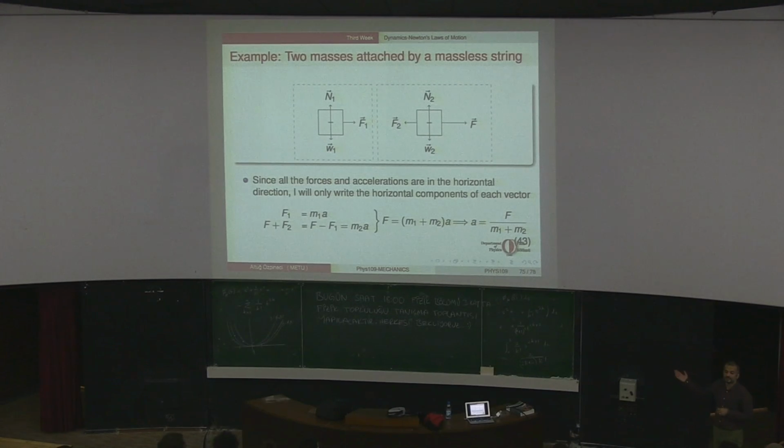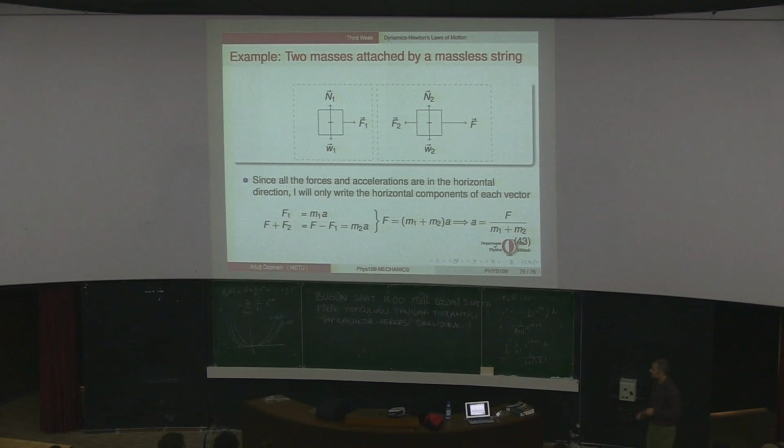Well, this is in fact something we had expected. Since the first example we have been doing, we were talking about large objects, and we were saying that the acceleration of a large object is given by the net force acting on it divided by the total mass. We didn't specify how the various pieces of this large object were connected together.